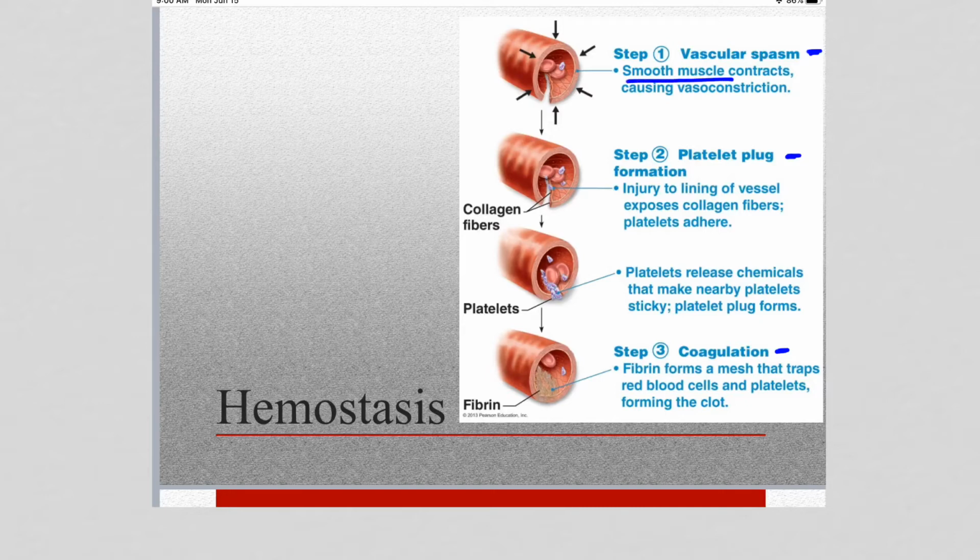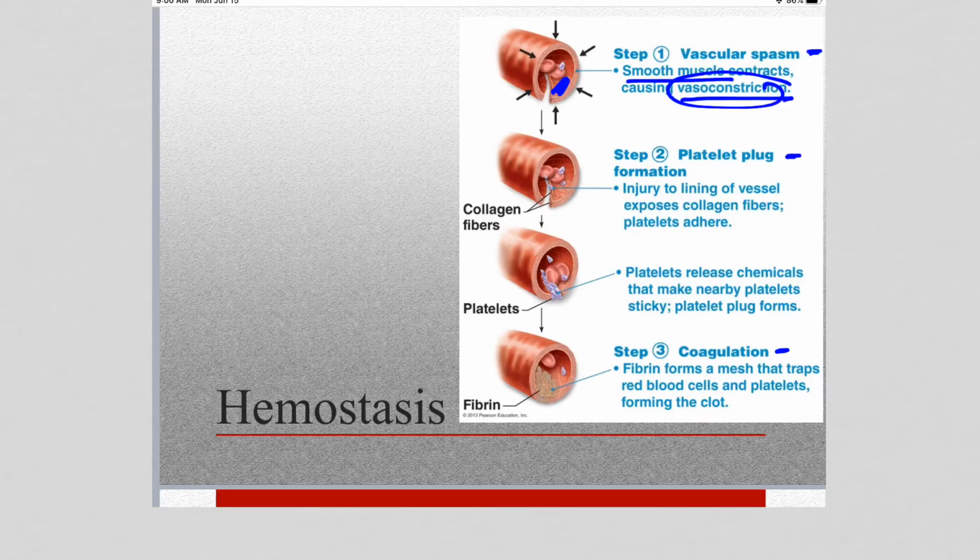The smooth muscle is going to vasoconstrict, basically to reduce the overall surface area of exposure of the cut blood vessel wall. You're constricting, and it's also to prevent losing so much blood, all this blood seeping out. What causes this vasoconstriction is a chemical released by the simple squamous cells of the damaged blood vessel, and also by the platelets themselves that are present there.